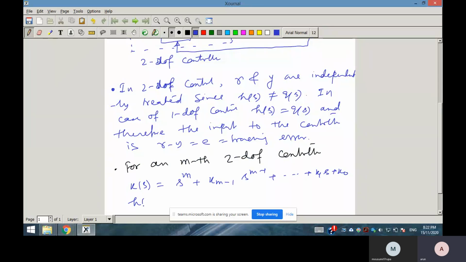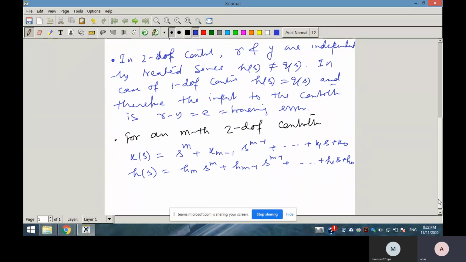And H(s) will be h_m s to the power m plus h_{m-1} s to the power m-1, plus up to h1 s plus h0. And here Q(s) is q_m s to the power m plus q_{m-1} s to the power m-1, plus up to q1 s plus q0.